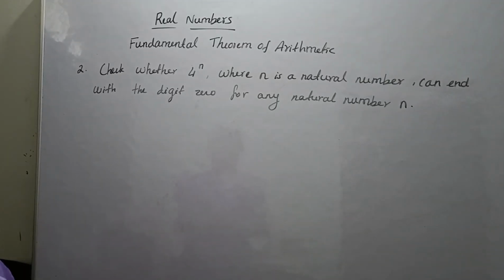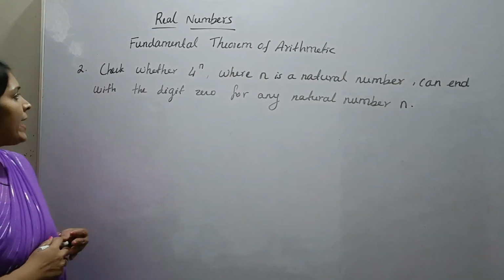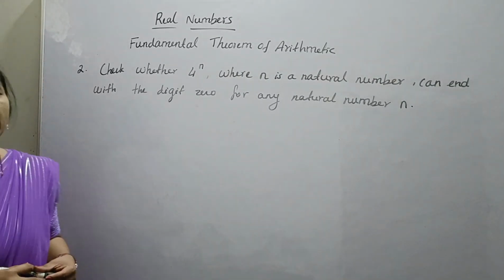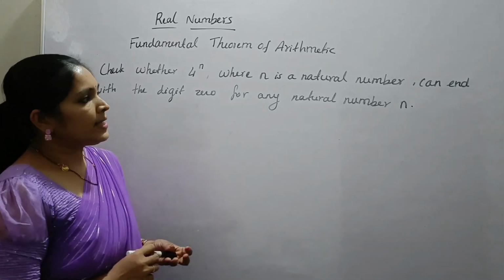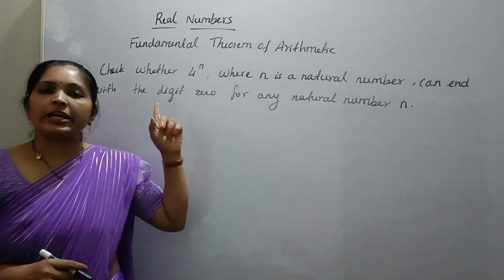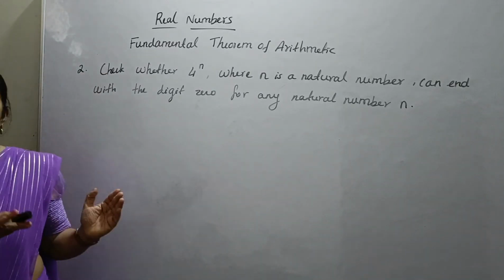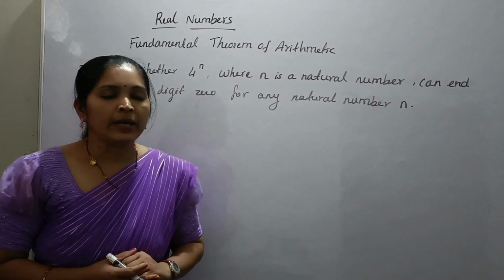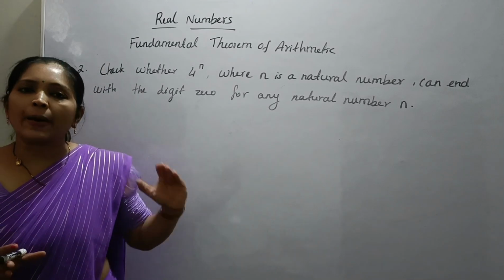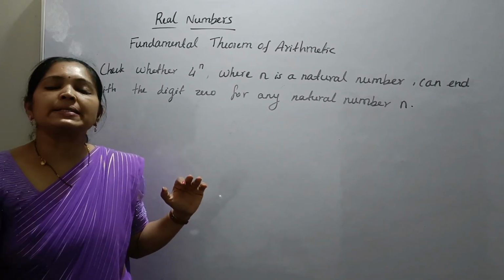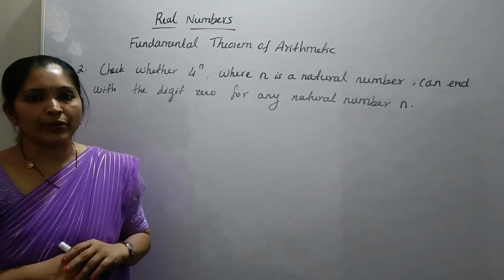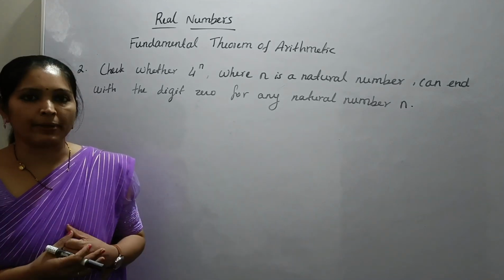Look at the second question. Check whether 4 raised to n, where n is a natural number, can end with the digit 0 for any natural number n. See here, we have to check whether 4 raised to n can end with 0 or not, right? And we know that any number that ends with 0 is divisible by both 2 and 5, right? You can take any example.